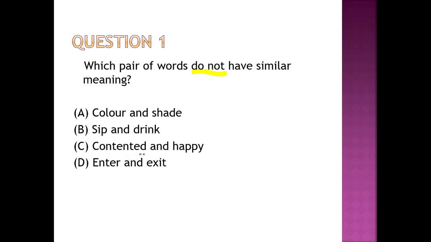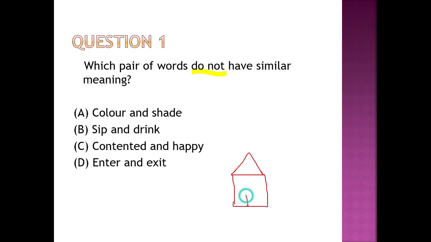But let's say that you're a child and you do not know that this is what this word means, right? That contented means to be happy. Let's look at D. Enter and exit. Now these are likely words that you have come across before, or you've heard before, and usually it's in relation to a building or a room, right?